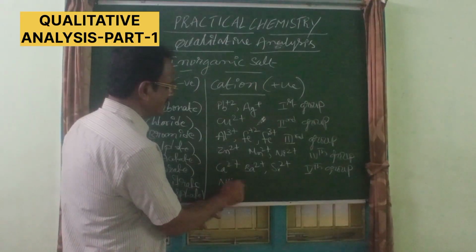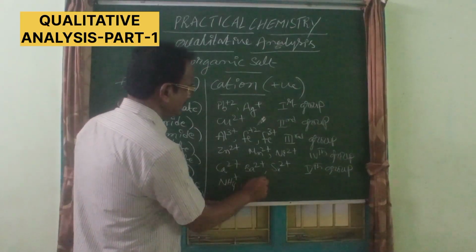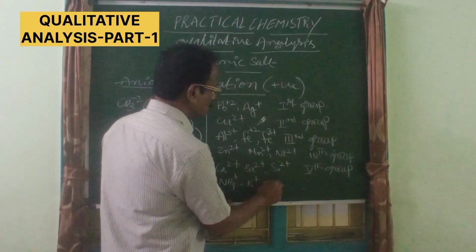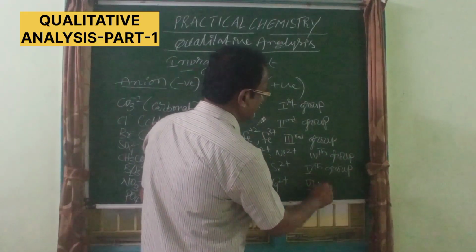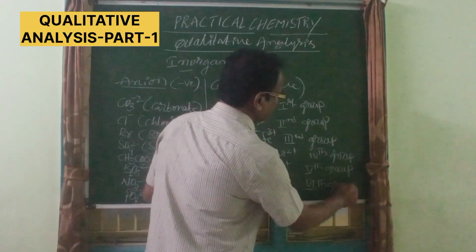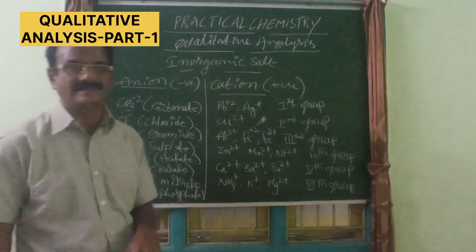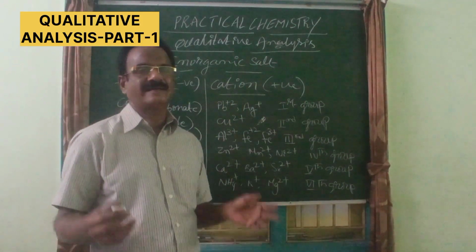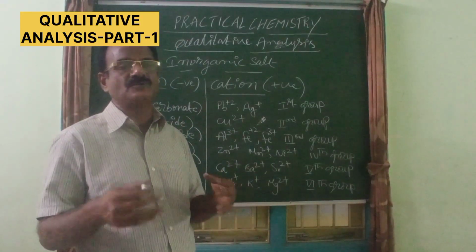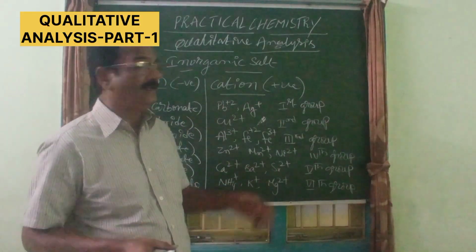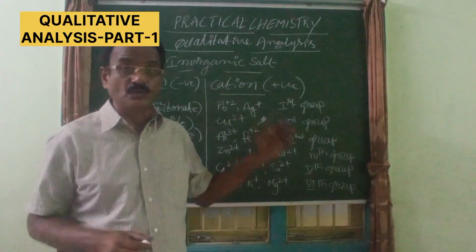NH4 plus, K plus, Mg2 plus, these are to be considered sixth group cations. So based on the reagents used to precipitate these ions or to confirm these ions, these are divided into groups.